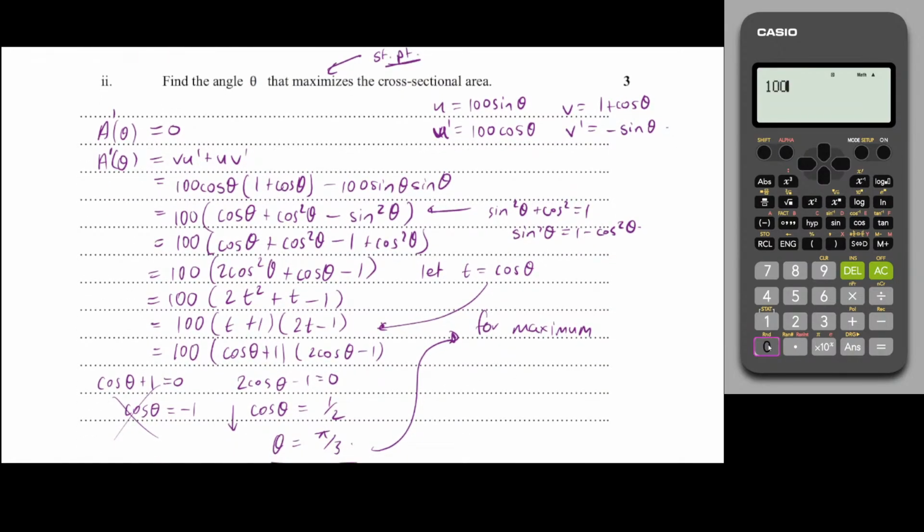So it's going to be 100 cos of, let's say, 5 pi on 12, plus 12 cos 5 pi on 12, minus 1. This will be really close.